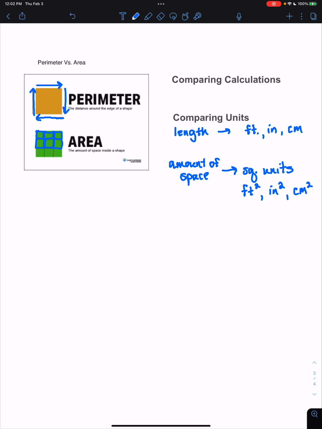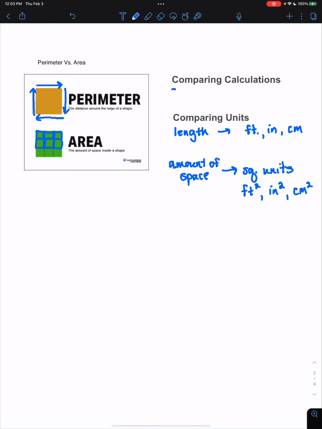Now, I have up here comparing calculations. So when we measure the perimeter, the outside edge, we're going to be measuring each side. So each side of the shape.